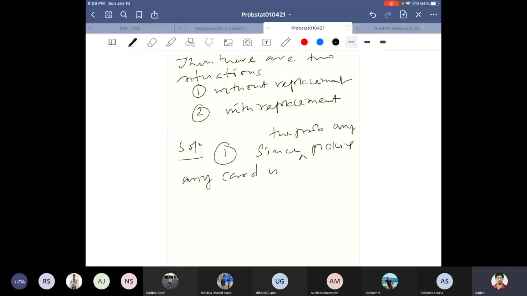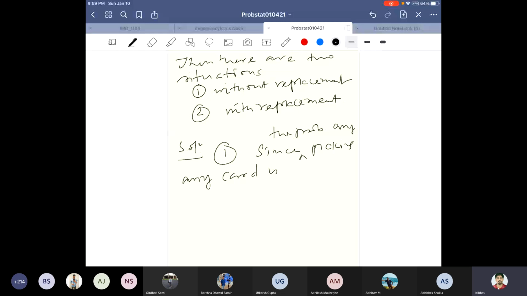The probability of choosing or picking an ace is 4 by 52.